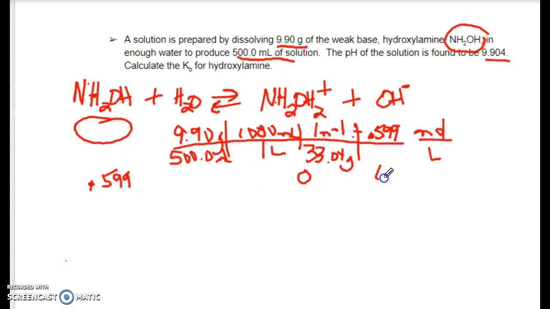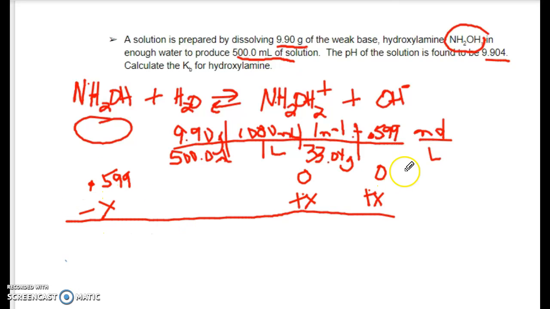Again, these are both 0, so we are looking, as always, for X. X gets lost a lot. Okay, so this time again we have a pH value. So remember that is the concentration of hydrogen.